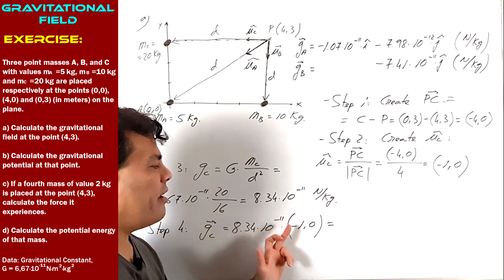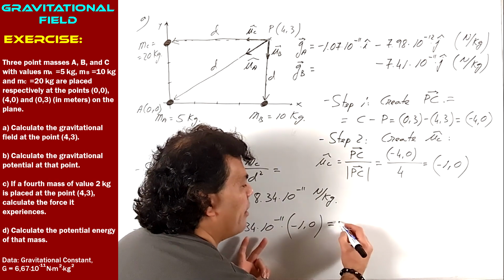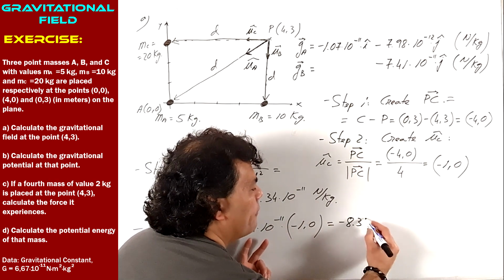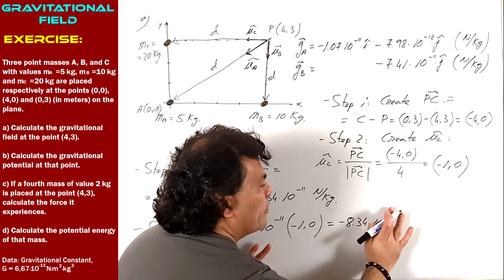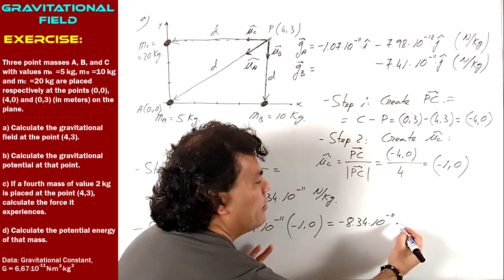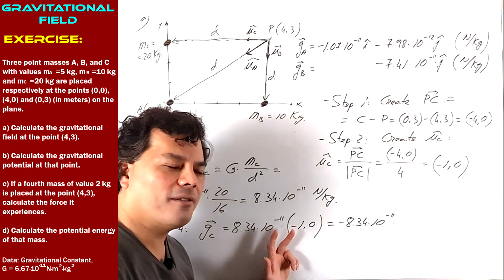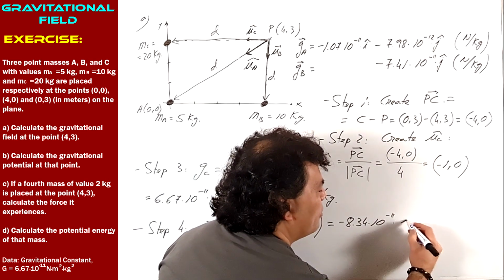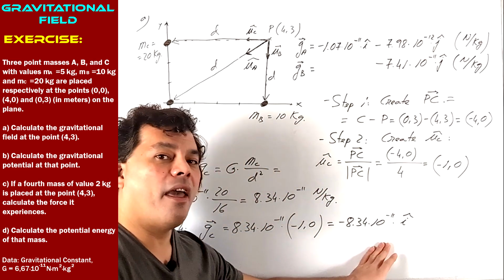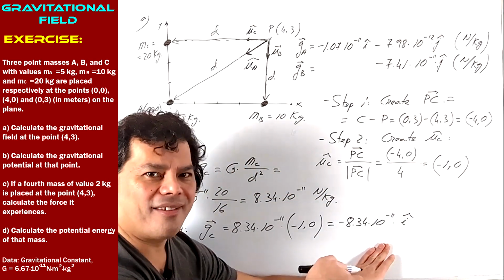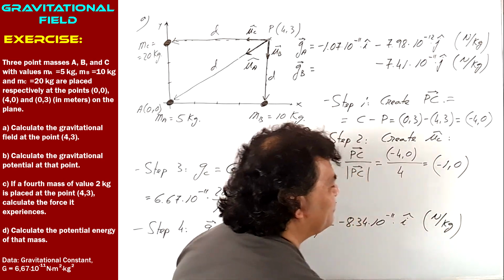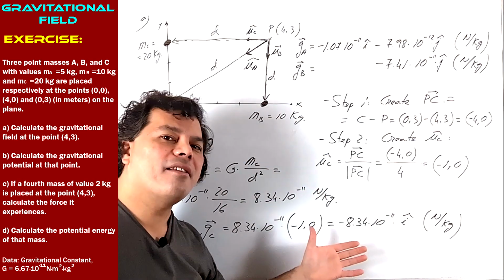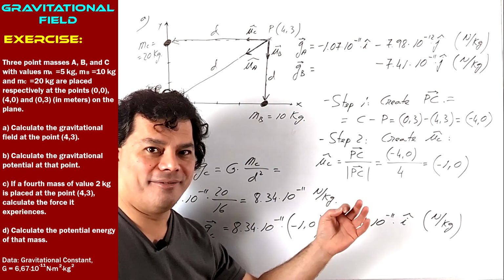This number multiplied by negative 1 will be negative 8.34 times 10 to the negative 11. And as this is the first, horizontal component, we use the unit vector i. And of course, the units: newtons per kilogram. And now we are ready to calculate the final result.